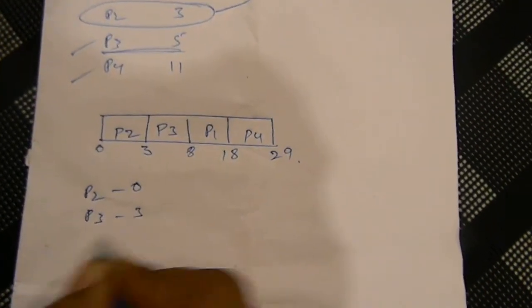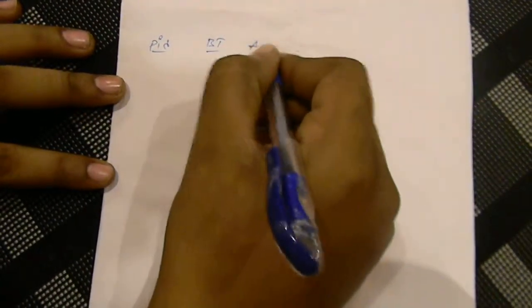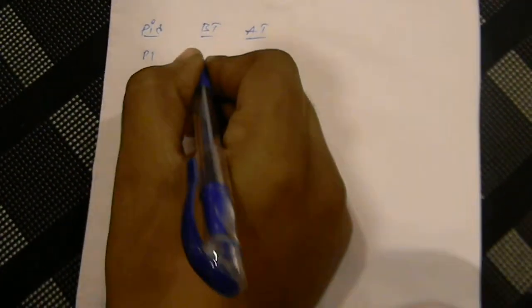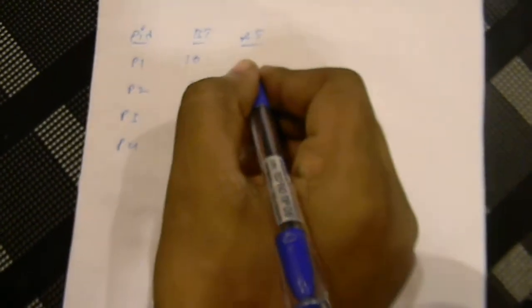There is another one, preemptive. Preemptive means here we have process ID and burst time along with arrival time. Let us consider P1, P2, P3, P4 with burst times 10, 3, 5, 11. For example, P1 arrives at 0 milliseconds, P2 arrives at 2 milliseconds, P3 arrives at 5 milliseconds, and P4 arrives at 6 milliseconds.